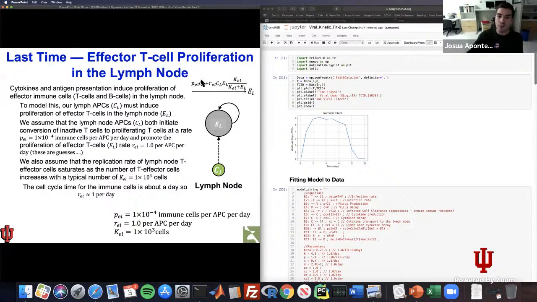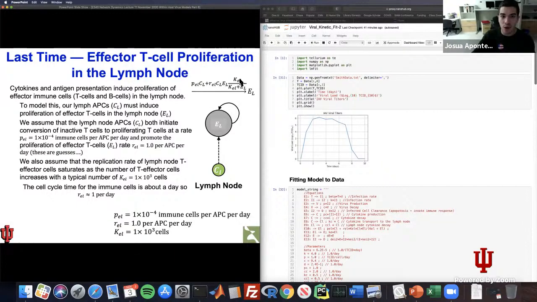The first term is the activation of the effector cells, and that activation, you see, is only dependent on the amount of cytokine that you have in the lymph node. So once the signal arrives in the lymph node, it activates some of these effector cells.